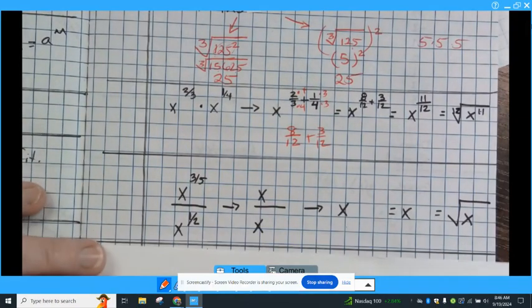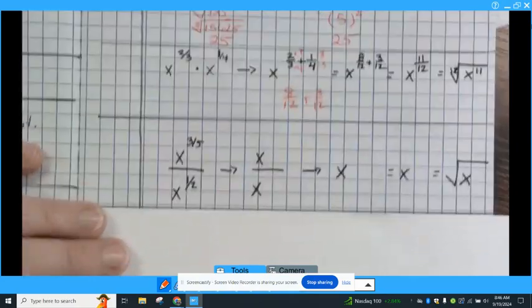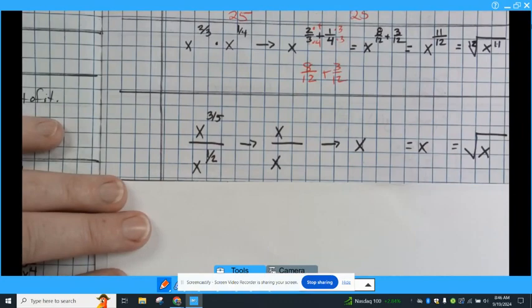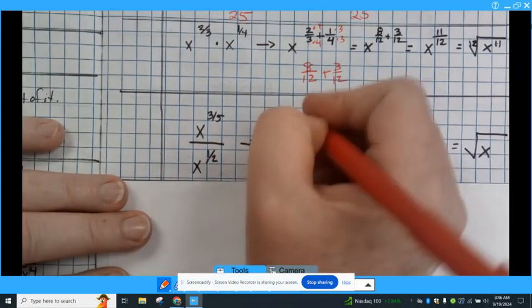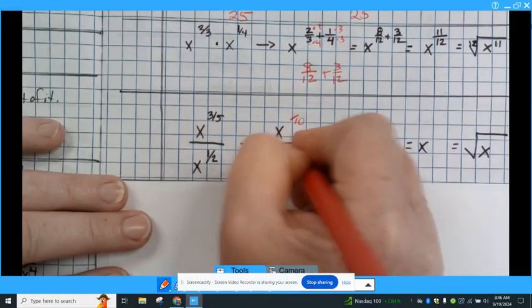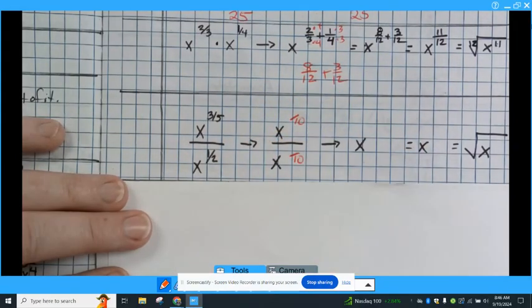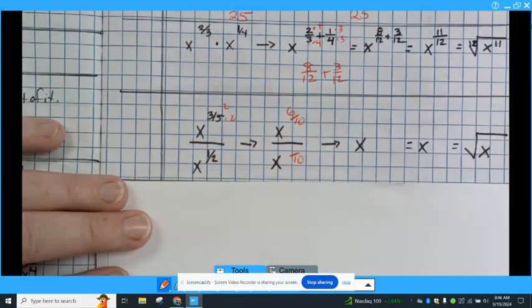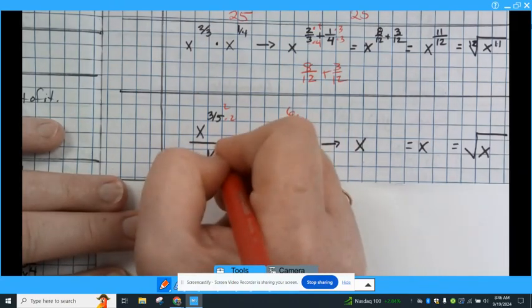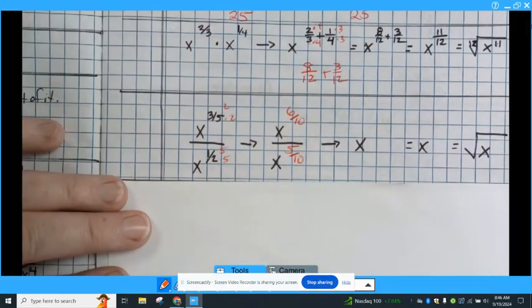Next problem. This one is the quotient rule. The quotient rule means we can subtract, but first I'm going to turn them into common denominators. With 2 and 5, my denominator is going to be 10. So we multiply this times 2 times 2, so 6/10, and times 5 times 5, 5/10.